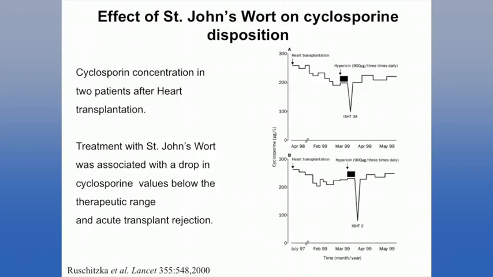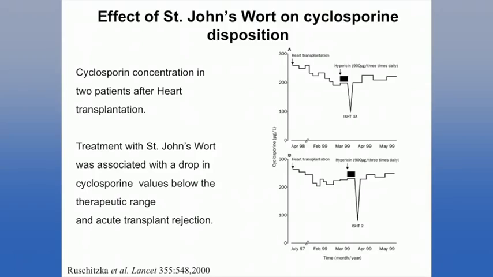In both cases, St. John's wort increased the activity of the CYP3A4 enzyme. It induced the activity of the CYP3A4 enzyme. The net effect was that the immunosuppressive drug cyclosporin was metabolized more rapidly than would have occurred in the absence of St. John's wort. Both of these patients experienced an episode of rejection.